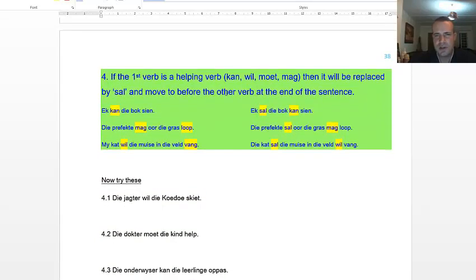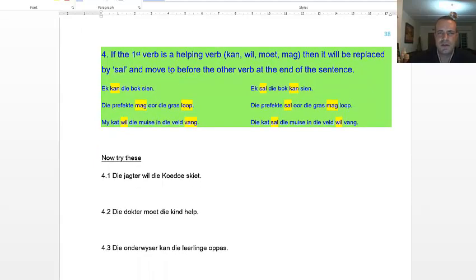Okay, this is an easy one. This is all the helping verbs. What do we do with helping verbs? Okay, kan, wil, moet en mag. The sal is also a helping verb, but don't worry about that now, because these ones are going to be replaced by sol and move to the end of the sentence.